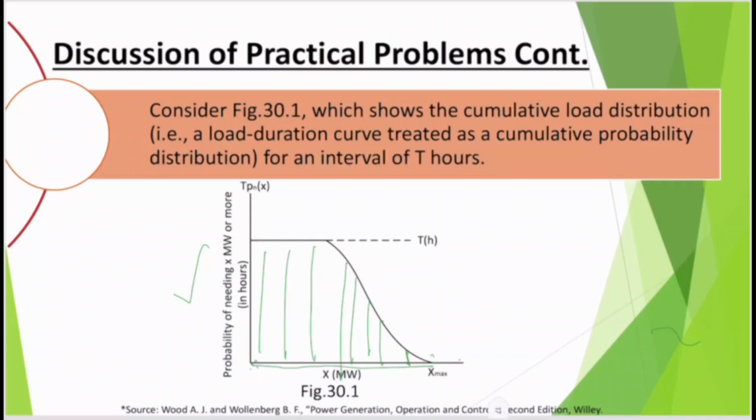So consider figure 30.1, which shows the cumulative load distribution, that is a load duration curve treated as a cumulative probability distribution for an interval of T hours. Now this characteristic, one can place it in this way, or one can place in this way.